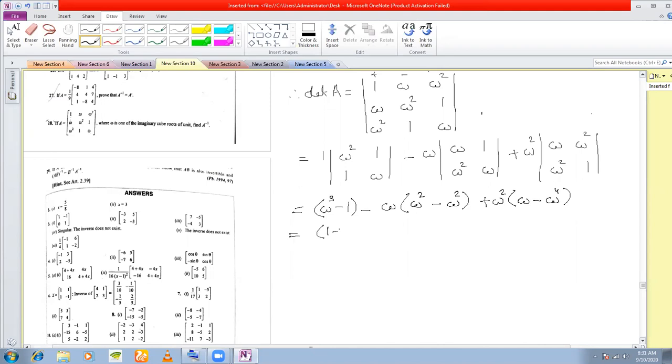Omega cube is 1, so 1 minus 1 you put. You know omega cube is equal to 1, so this is 0. Then omega square into omega minus omega to the power of 4. What you do is you write this as omega cube into omega. So you get omega minus omega, which is 0.